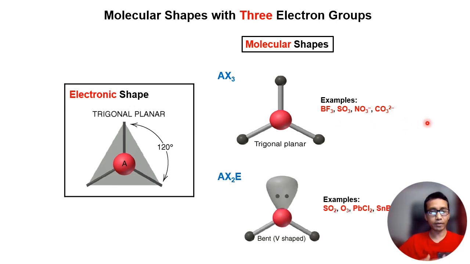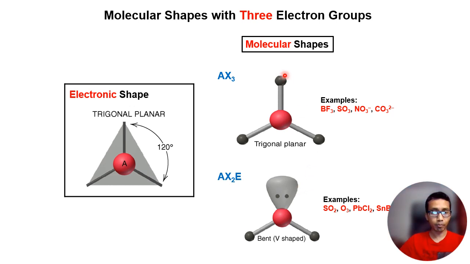But if you have something like one lone pair of electrons right here, and then two bonding pairs, it takes the shape of a V. So we call it a bent V shape. Water, H2O, is a classic example of that. Due to the repulsion from the lone pair of electrons, we see a bent V shape.